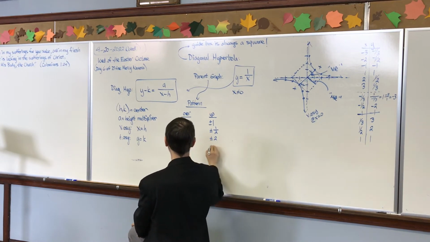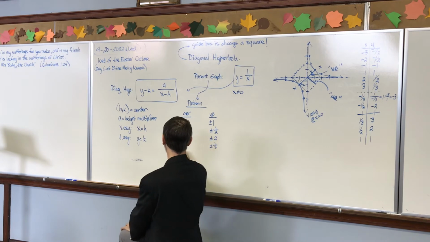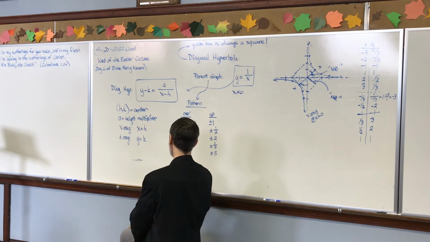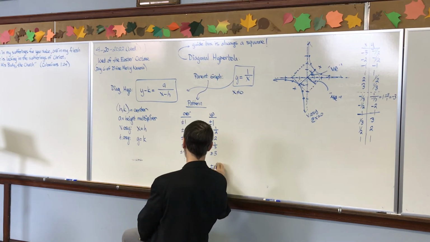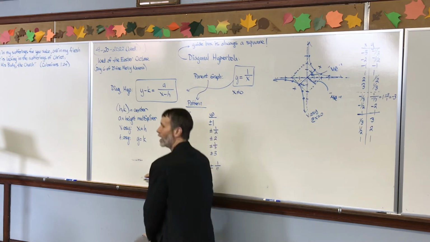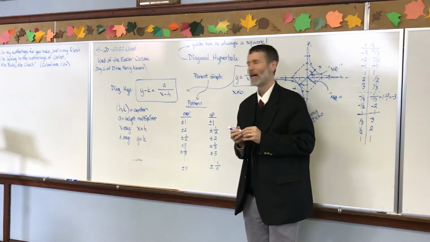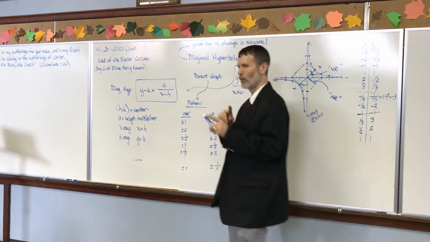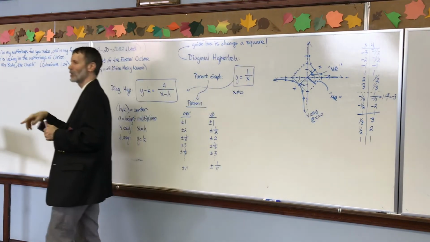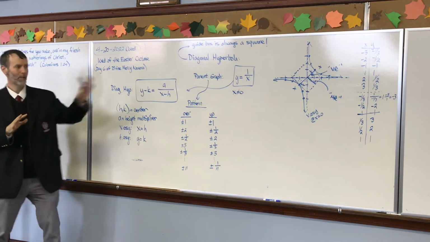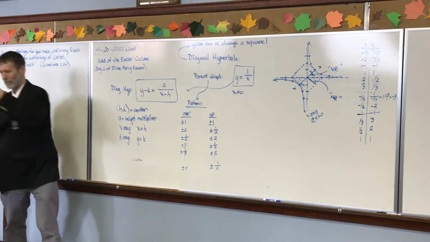Then do plus or minus 3 with plus or minus 1/3, plus or minus 1/3 with plus or minus 3, and so on. Plus or minus n corresponds with plus or minus 1 over n. That's the pattern. So over 1, positive, that means you go up positive. That's the basic parent graph pattern. We're going to graph one of these in just a second.